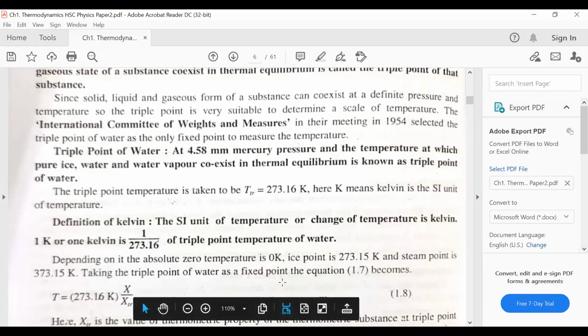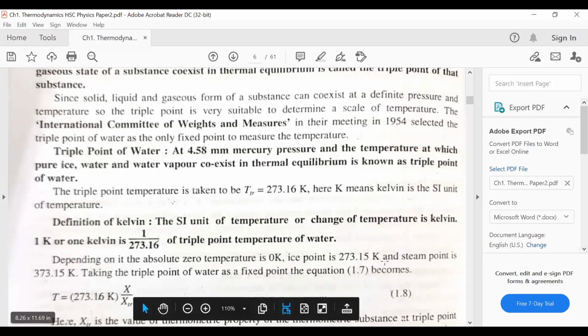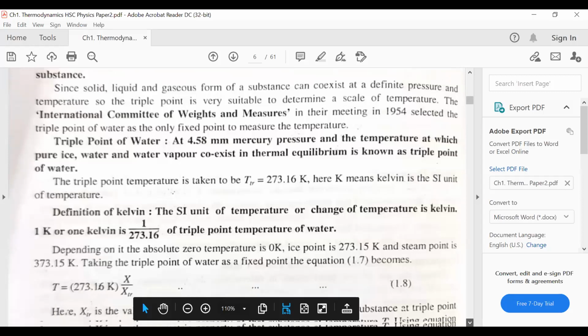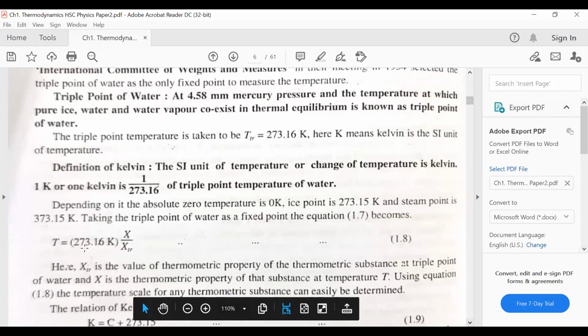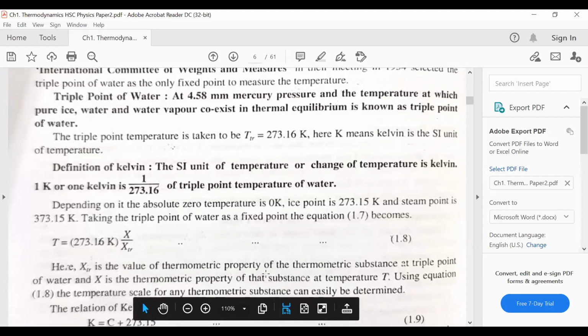Even in the Kelvin scale, the ice point, that is 0 degrees, is 273.15 Kelvin, and the steam point, plus 100, is 373.15 Kelvin. So in the one fixed point scale, you can express temperature as T equal to 273.16 Kelvin into X by Xtr, where X is the thermometric property, and Xtr is the thermometric property of the thermometric substance at the triple point.